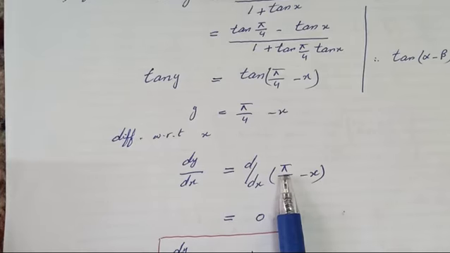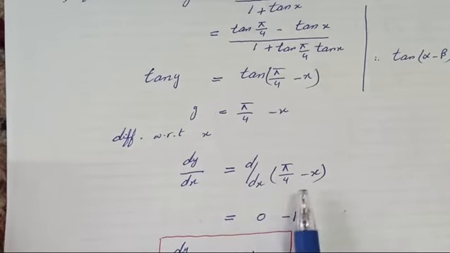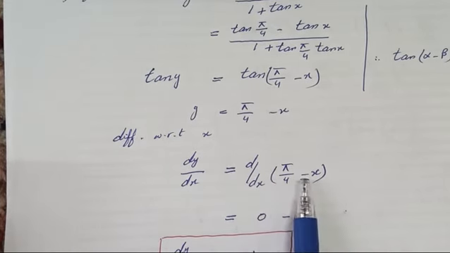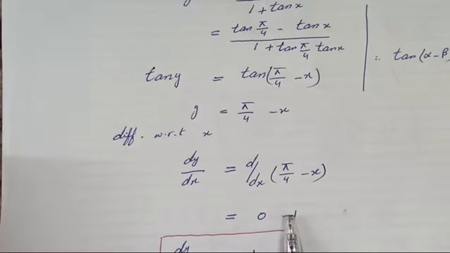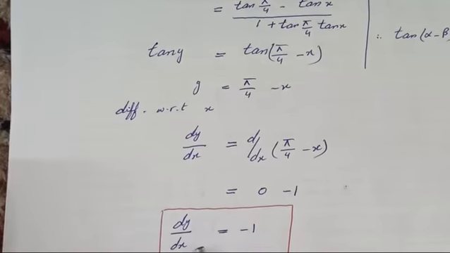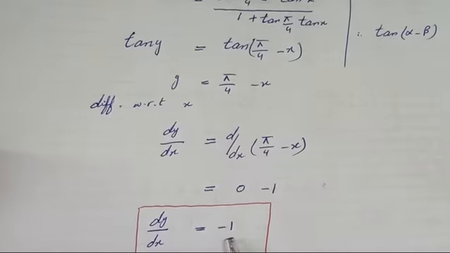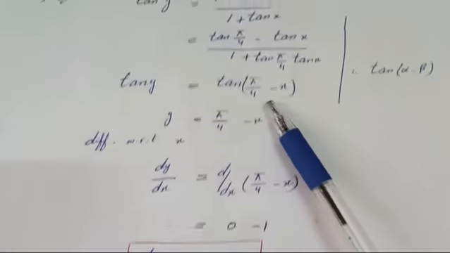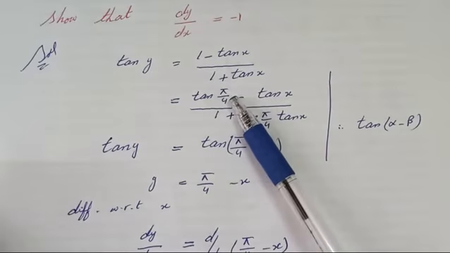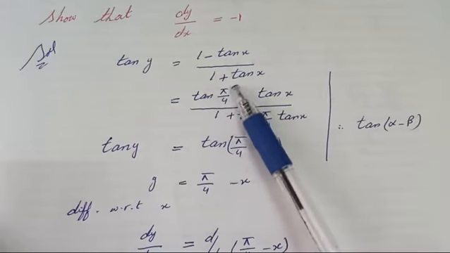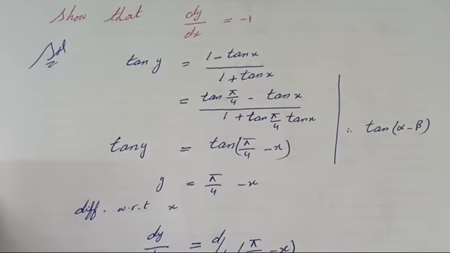We have proved that dy over dx is equal to minus 1 with the help of replacing 1 by tangent pi over 4. So this is our question number 6.